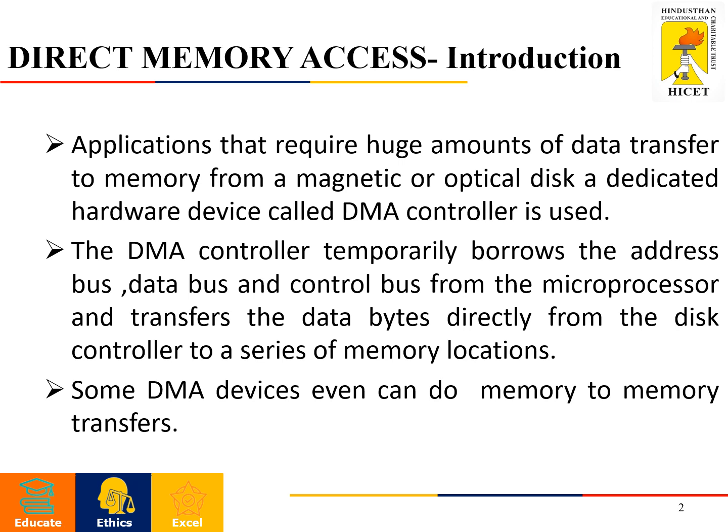In the case of direct memory access, we borrow the buses, that is the data bus, address bus and control bus, from the microprocessor through a request, and directly transfer the data from memory to other devices without the support of the processor.